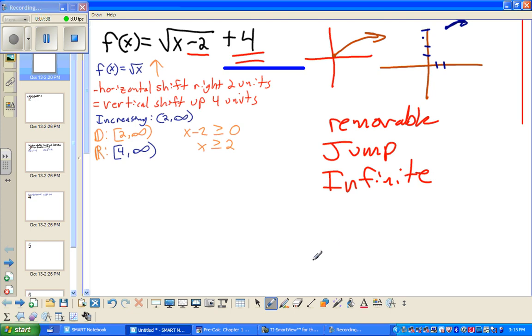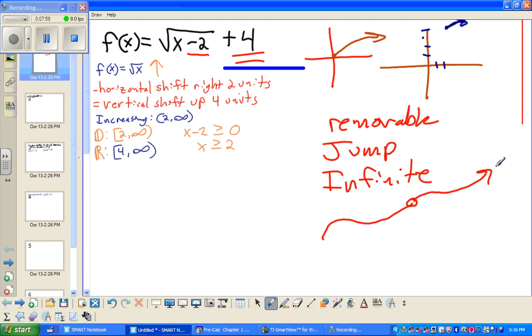Removable would be where you draw the function, let's say something like this, and then all of a sudden there's one point missing and it continues as if you were drawing the whole thing out.